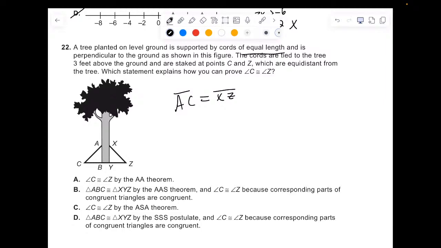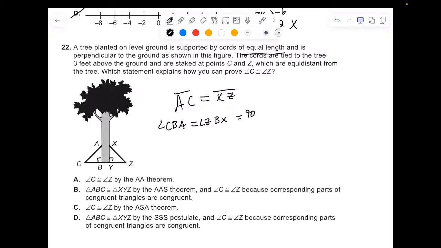They are perpendicular, so we know that CBA is equal to ZBX, and that's equal to 90 degrees. Let's see, what else do we know?